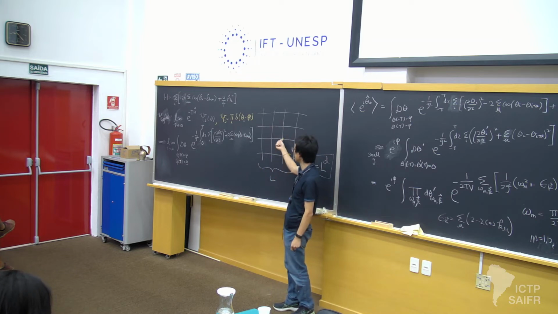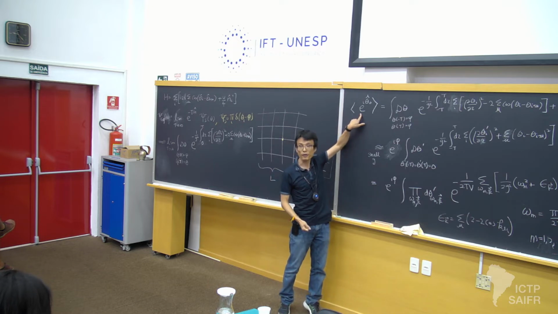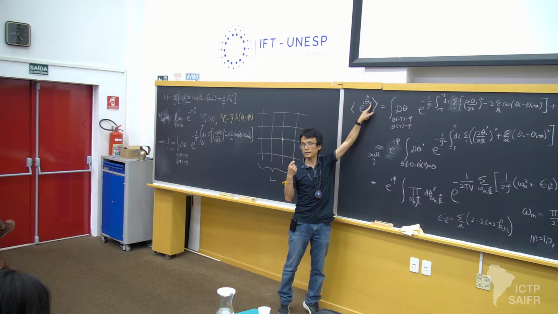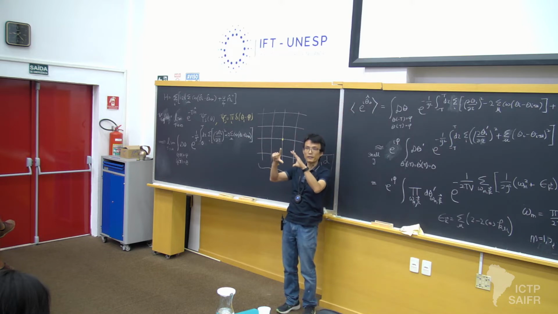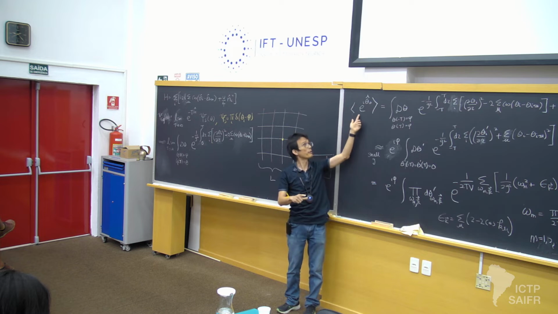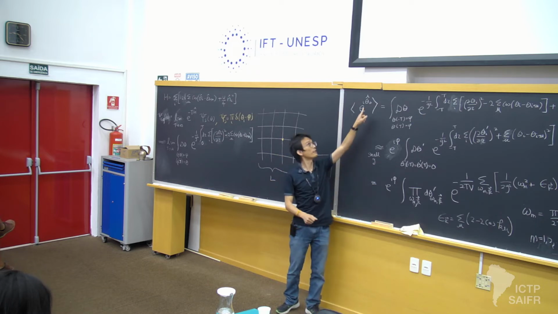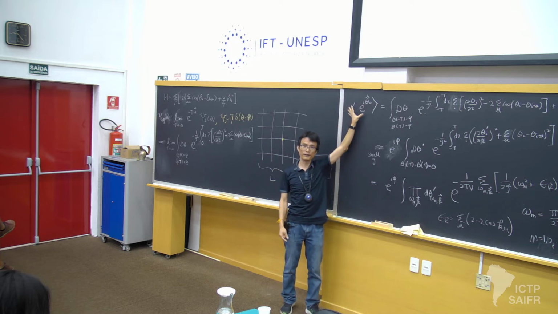But let's choose the origin, and we compute the expectation value of this operator defined at the origin of the space, okay? And this is the sandwich with the ground state, right? So this is the expectation value of the rotor angle at site 0, computed with respect to that ground state, okay?